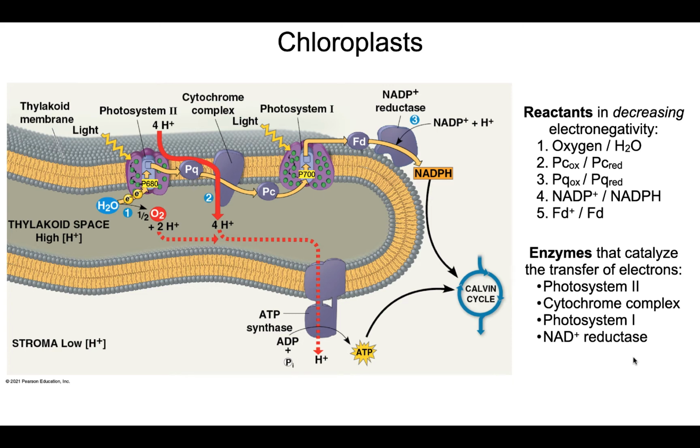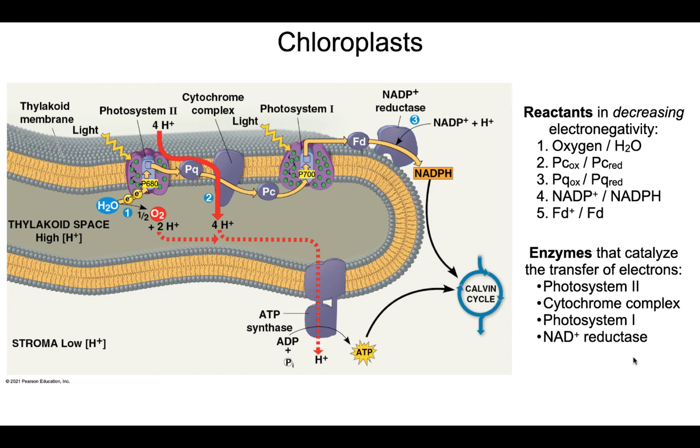Let's approach this like we approached the electron transport chain in the mitochondria. In that, a reaction is going to be exergonic if the molecule stealing the electrons is more electronegative than the molecule having the electrons stolen.